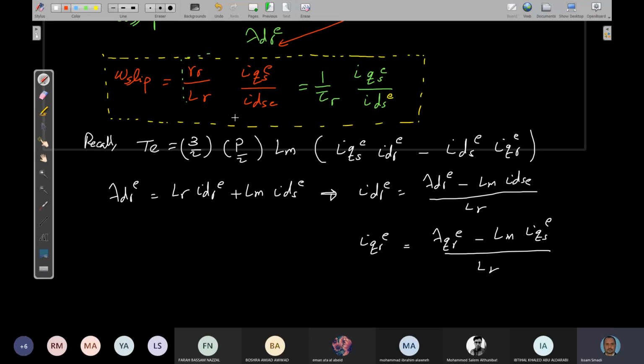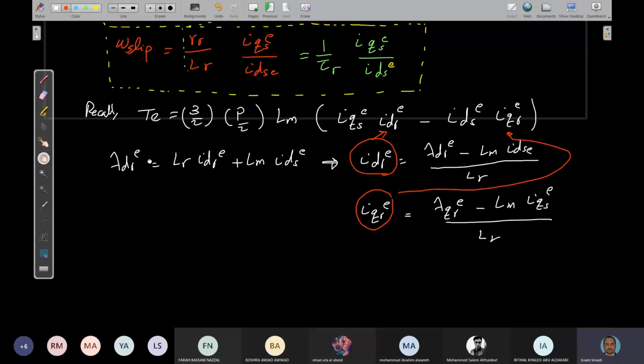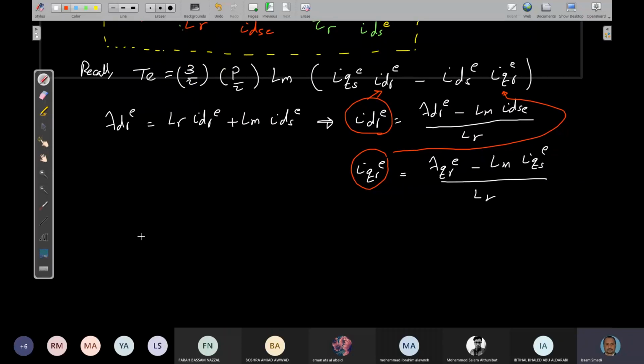Now, if I take the first one here, substitute it here, and the second current substitute it here, and simplify, I will get the following expression for the torque.